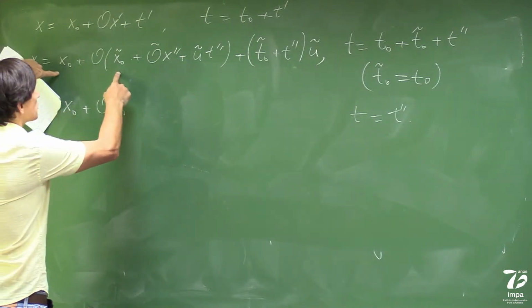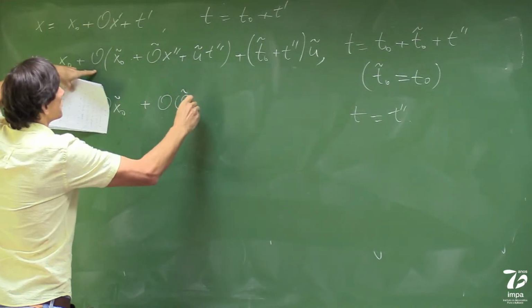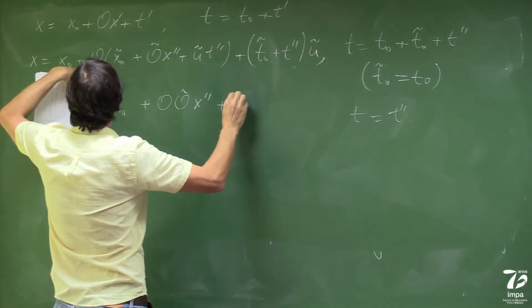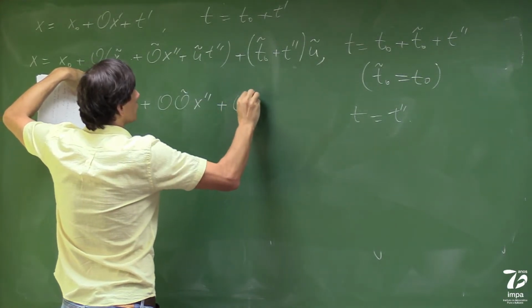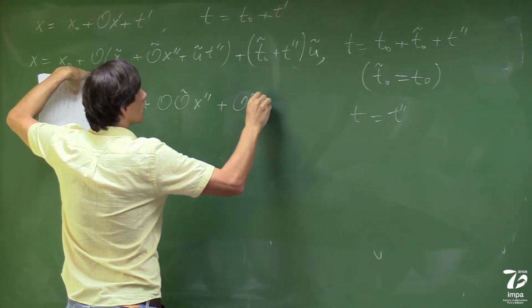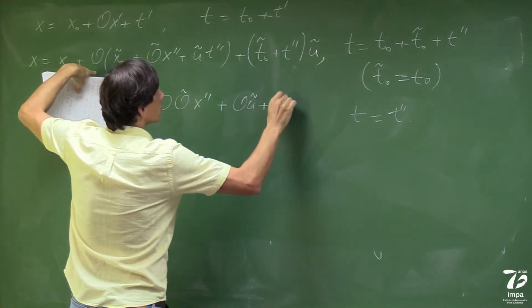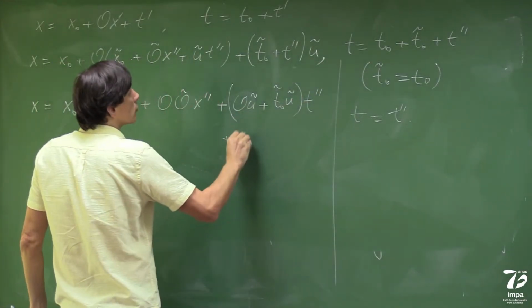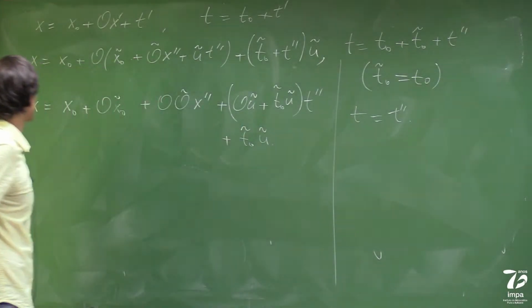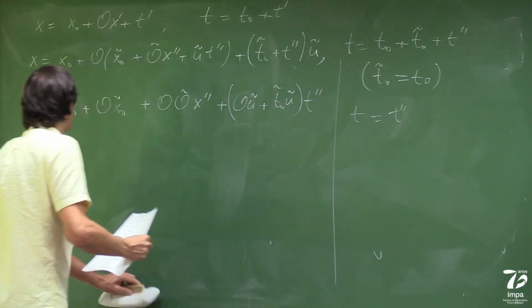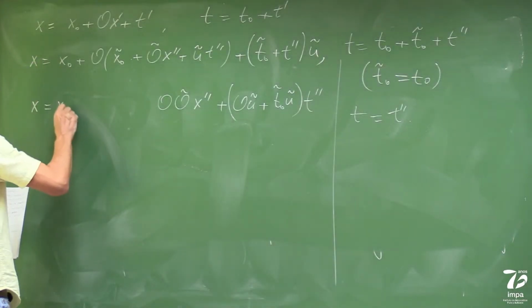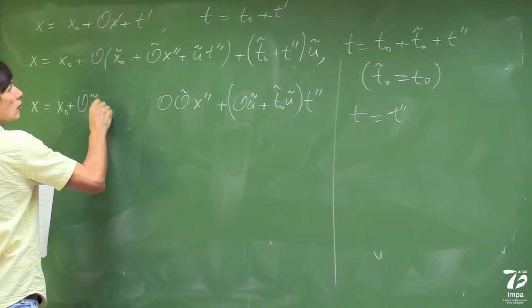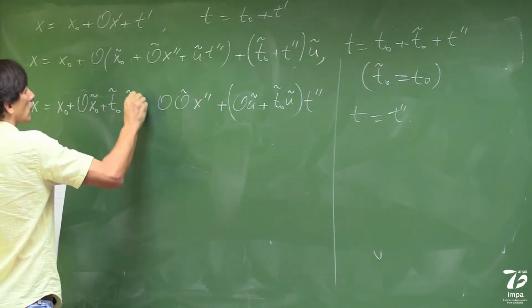So I combine these terms plus O tilde x double prime plus O u tilde plus this t0 u double prime plus t0 tilde. Let's put it here.